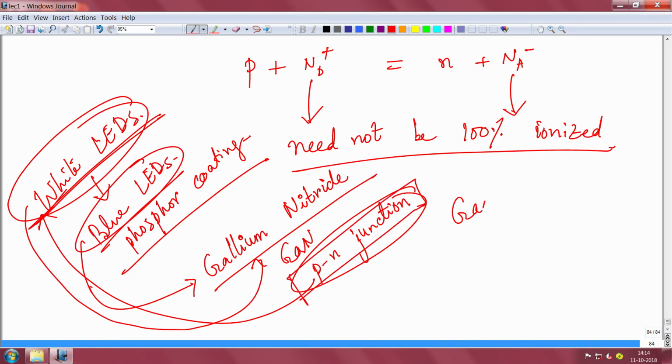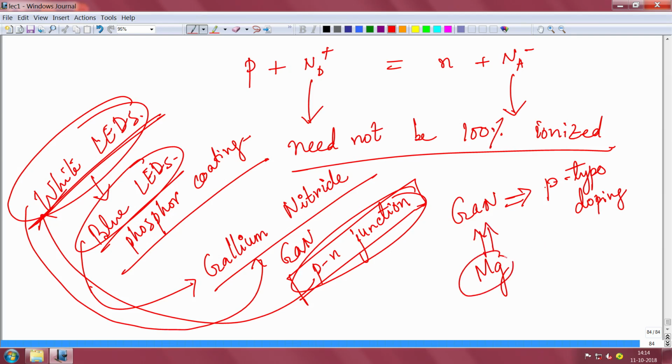Because in gallium nitride, for p-type doping, you have to add magnesium. The moment you add magnesium to gallium nitride, you can dope it p-type. This magnesium is very less ionized.